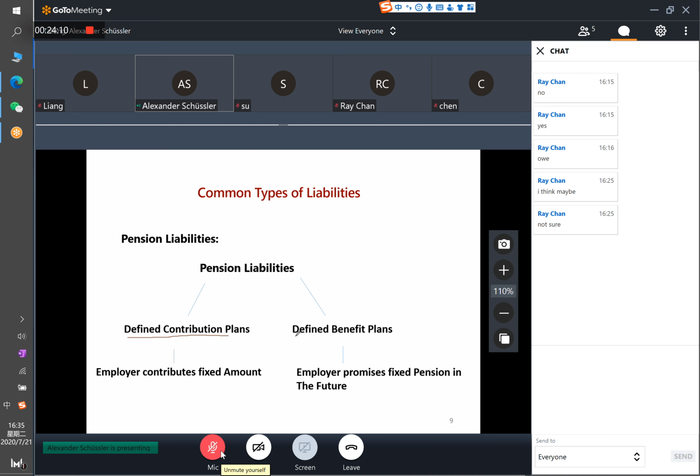Defined benefit plan is different. In earlier times, defined benefit plans were much more prevalent, but now firms are shifting more and more to defined contribution plans. What are defined benefit plans? Here, the firm is responsible to pay the pension.